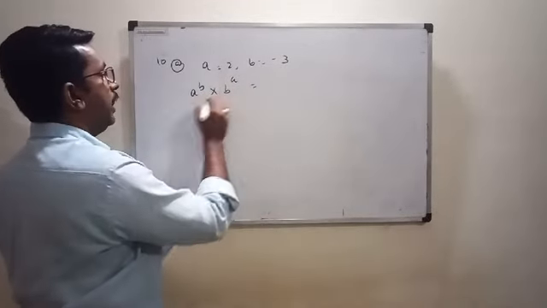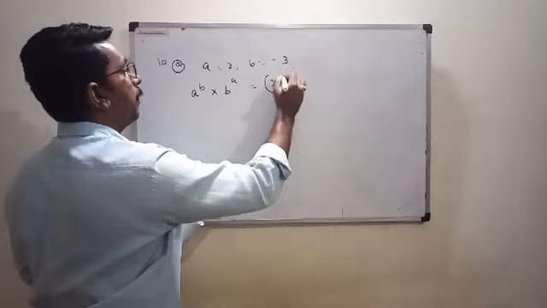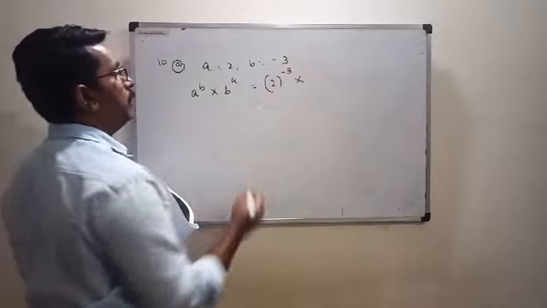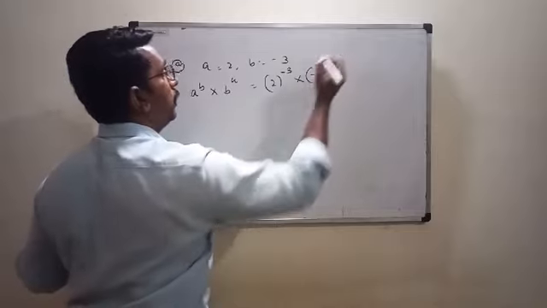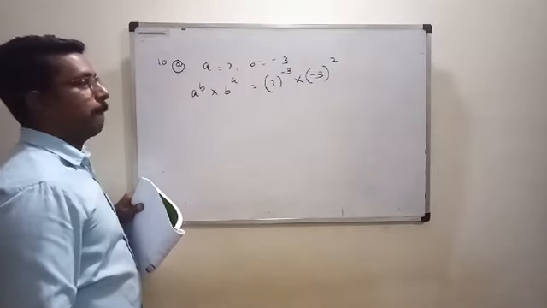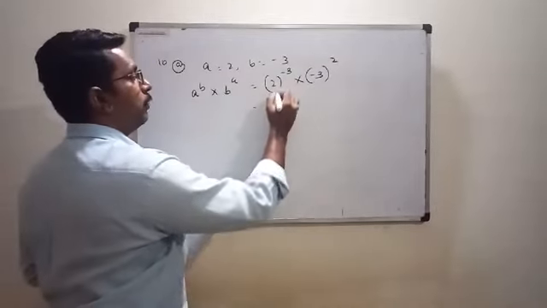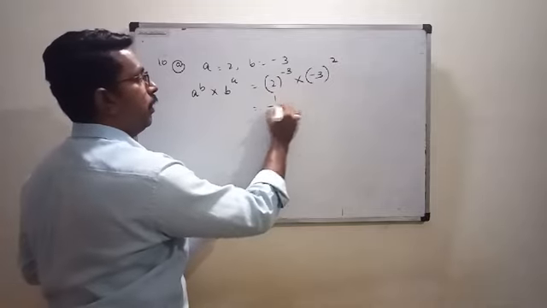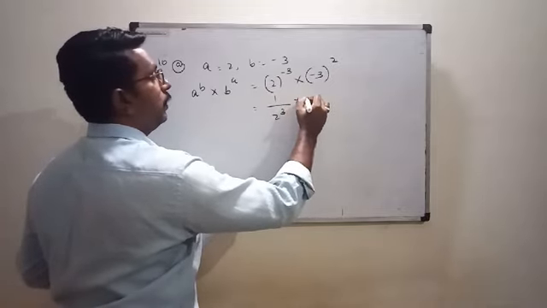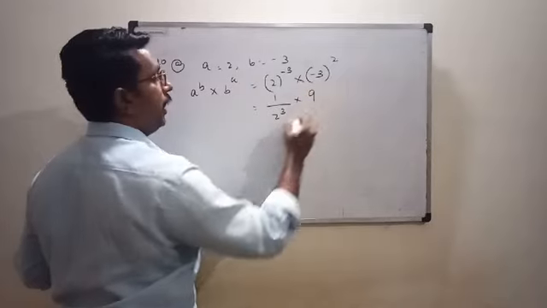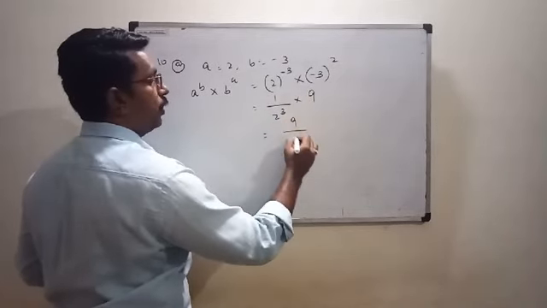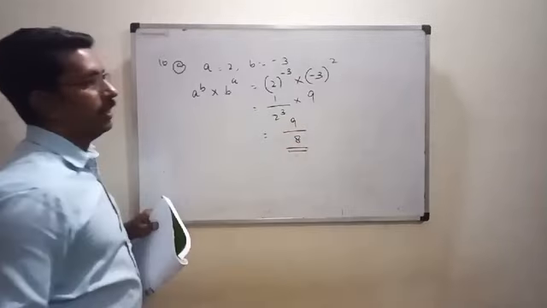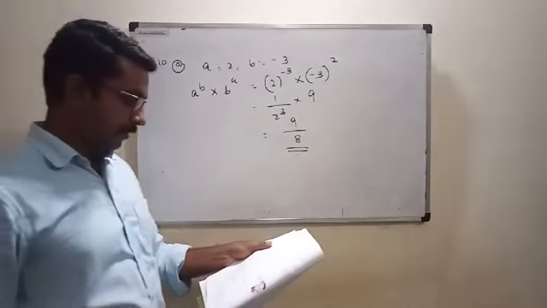So, what is a? 2 to the power minus 3 into minus 3 to the power 2. Understood? 2 to the power minus 3, negative exponent, 1 upon 2 cube, into minus 3 square, 9. So 1 into 9, 9 upon 2 cube, 8. Answer is 9 by 8.